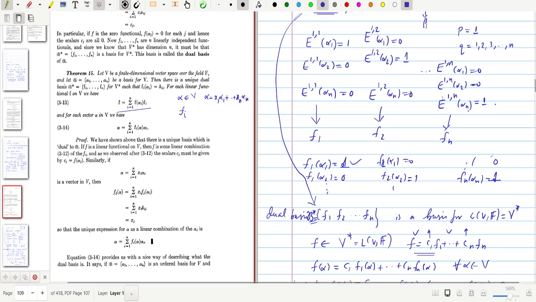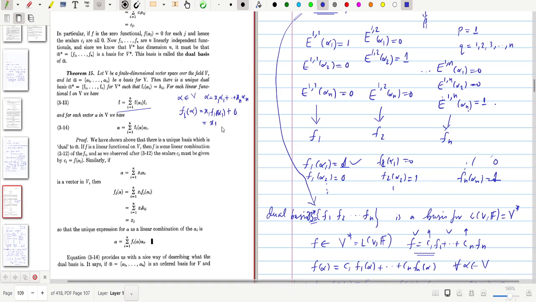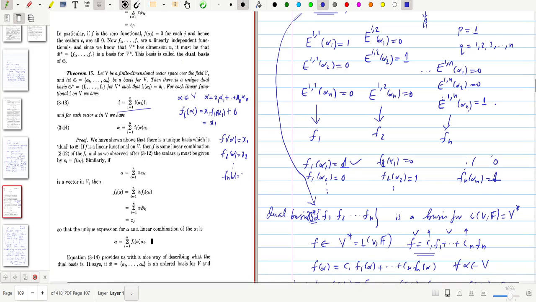If you find the image of alpha under fi, then you get fi of alpha, which is fi of this quantity. So first you write f1 of alpha, then you get x1 times f1 of alpha 1, plus 0, because f1 of alpha 2, f1 of alpha 3 are all 0. Since this is a dual basis, this will be x1, because f1 of alpha 1 is 1. Similarly, f1 of alpha is equal to x1, f2 of alpha is equal to x2, and so on. Fn of alpha is equal to xn.